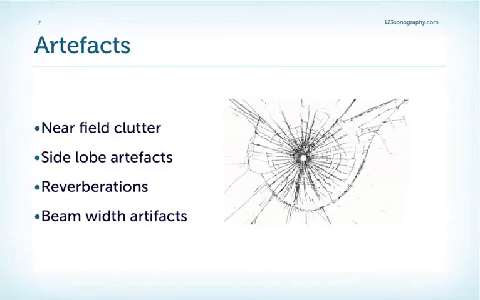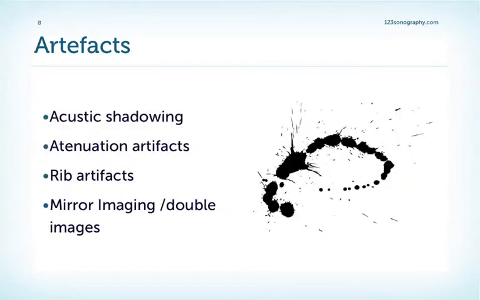But now let's look at it from a systematic perspective. Well, there are very many different types of artifacts, and in reality it's often very difficult to say why or what the cause of artifacts is. Here's a list. We have near field clutter, side lobe artifacts, reverberations, beam width artifacts, acoustic shadowing, attenuation, rib artifacts, mirror imaging, and double images.